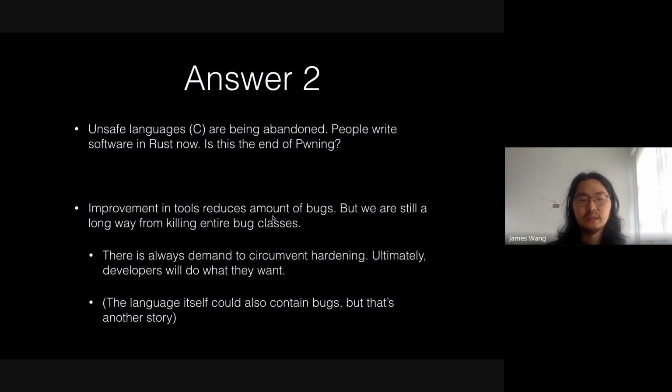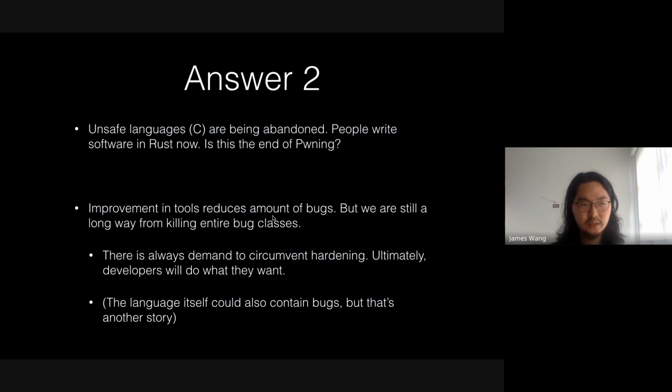So my answer here is that ultimately the developers will do what they want or what they need for the product to work, and that often works against security. And even if they start to use more secure languages, it might eliminate a certain portion of the bugs.